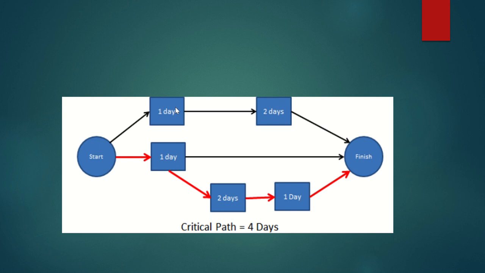Again, to reach from this event to this event, we have to perform this activity, and to complete this activity we need 2 days. Similarly, from this event to this event, we need 2 days. Again, from this event to this event, we need 1 day.